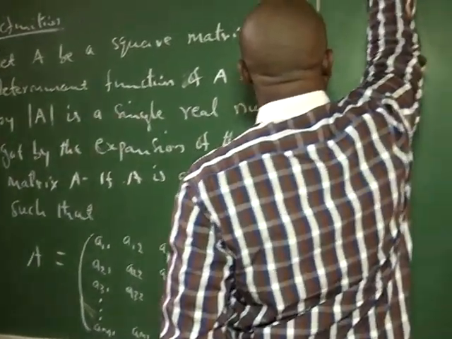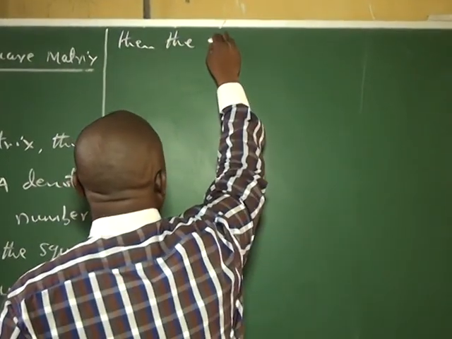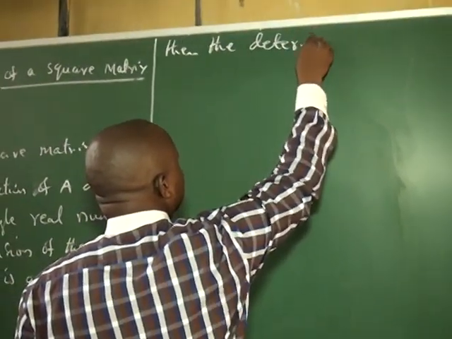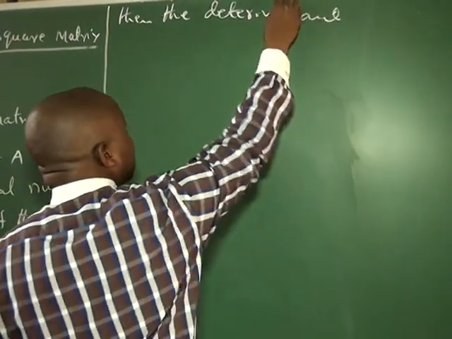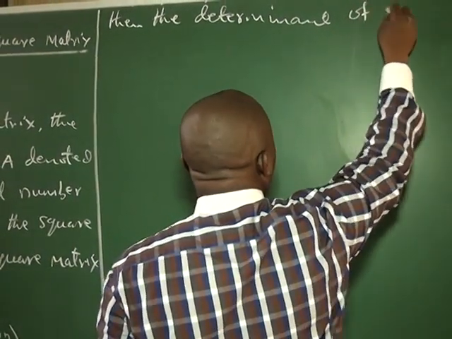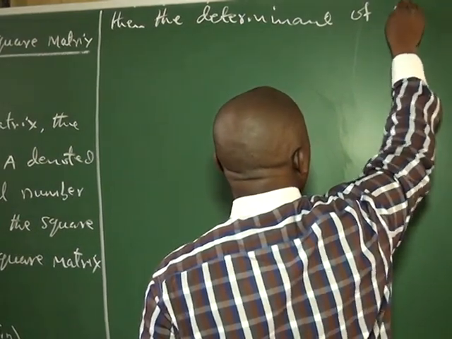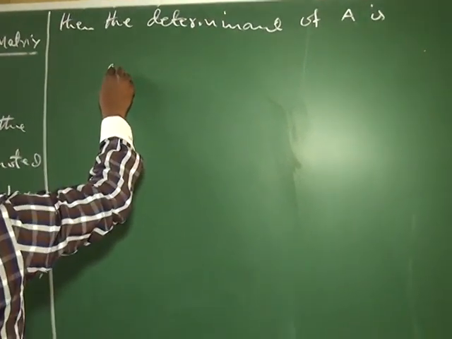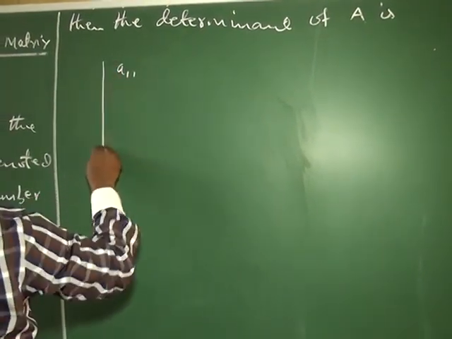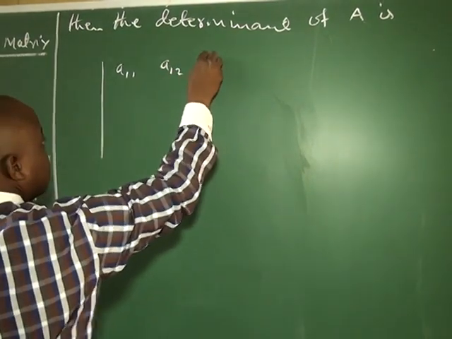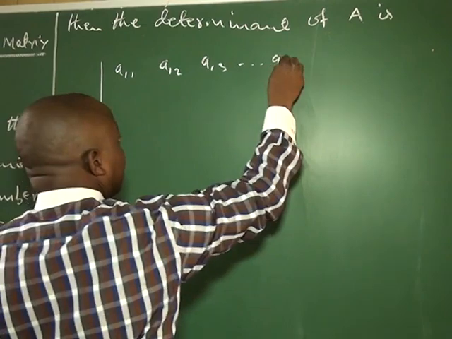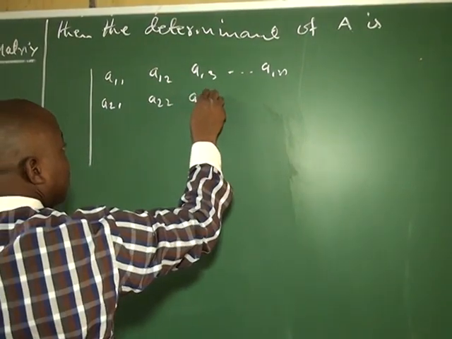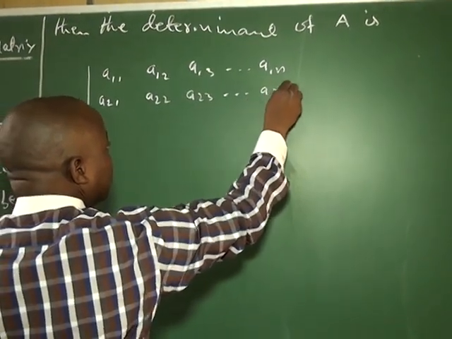Then the determinant of A is A11, A12, A13 to A1n, A21, A22, A23, A2n.